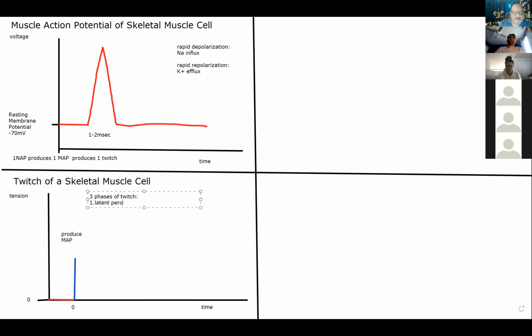Our latent period. And how does tension change during the latent period? It doesn't. So the tension stays at 0. Excellent. What's the second phase?